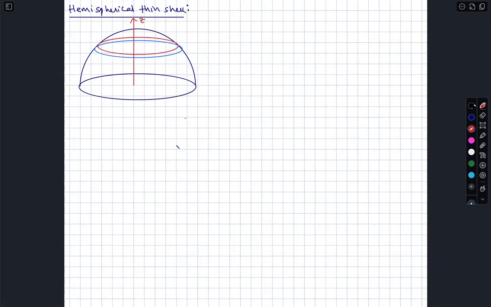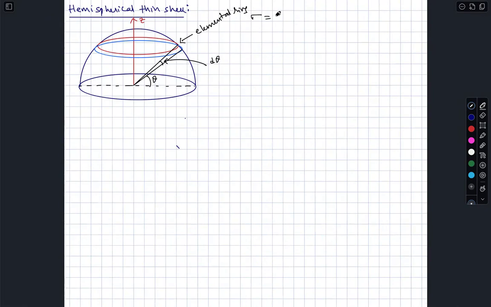This is called an elemental ring. Now this elemental ring makes an angle d theta with the base, units theta.